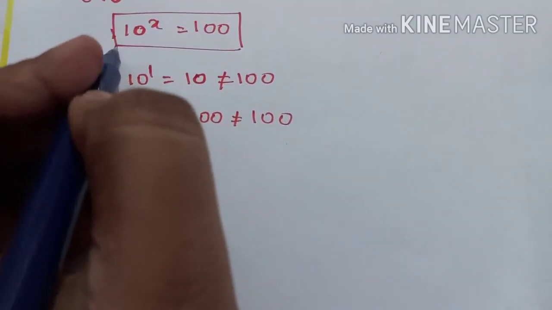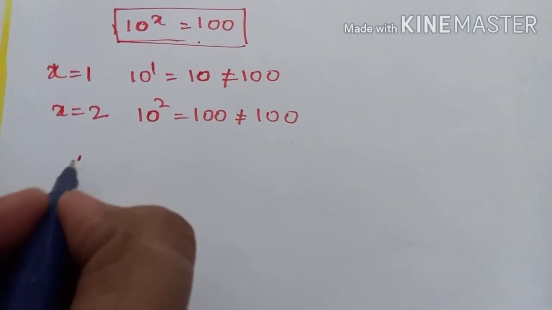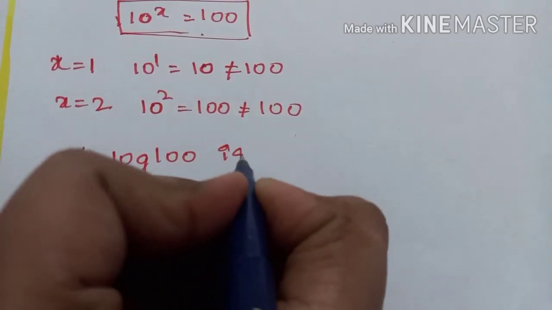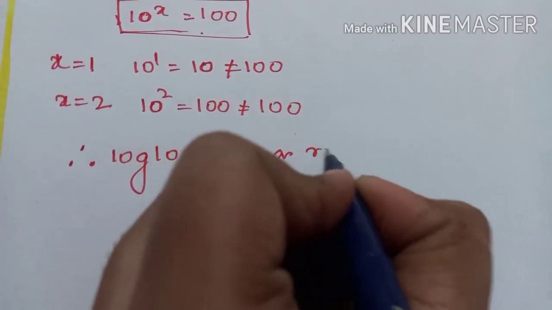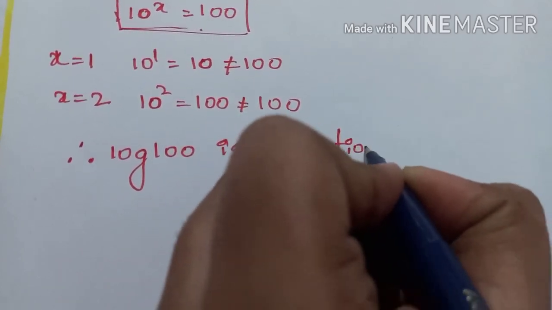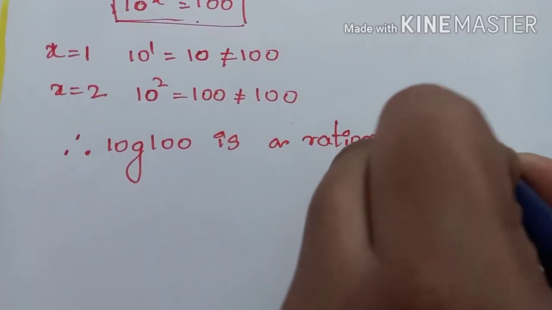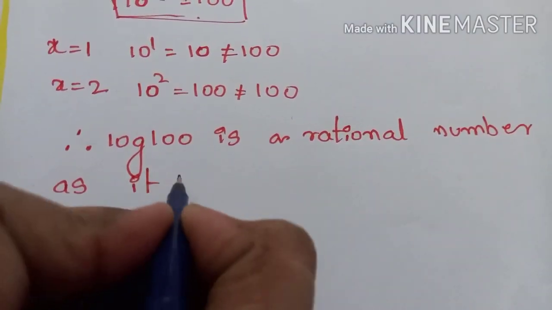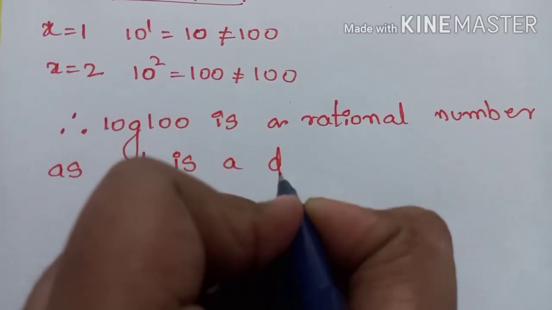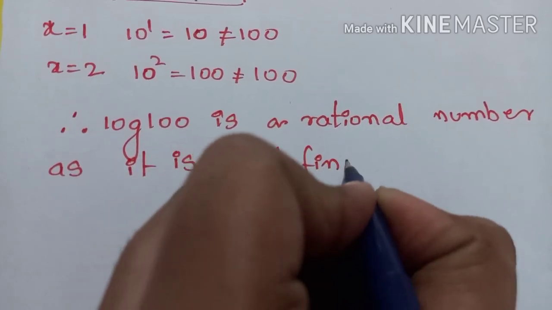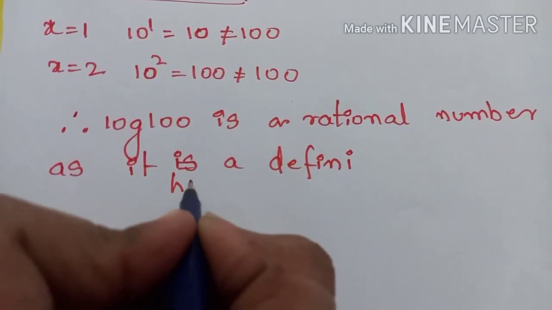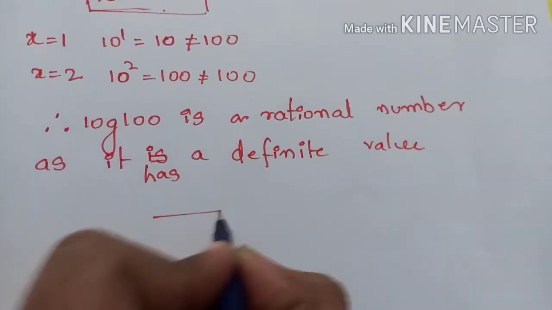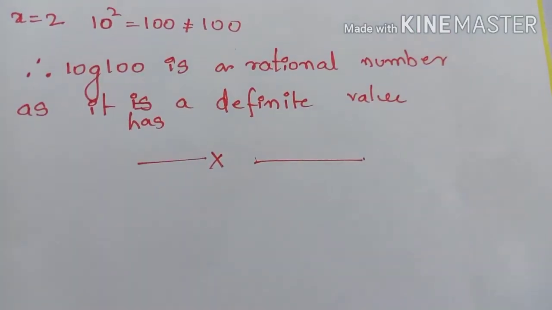So here LHS equals RHS. Therefore log 100 is a rational number, as it has a definite value. And these are all the solutions of both questions.